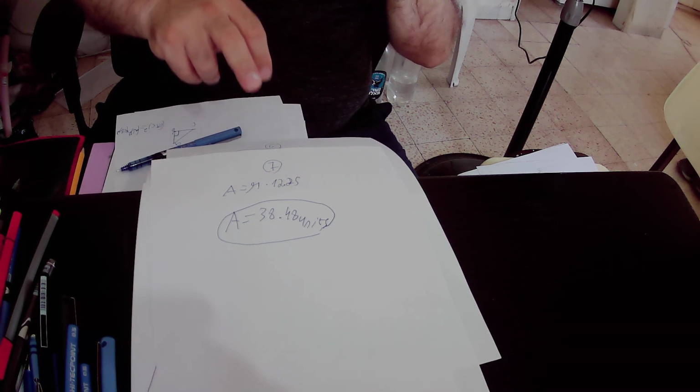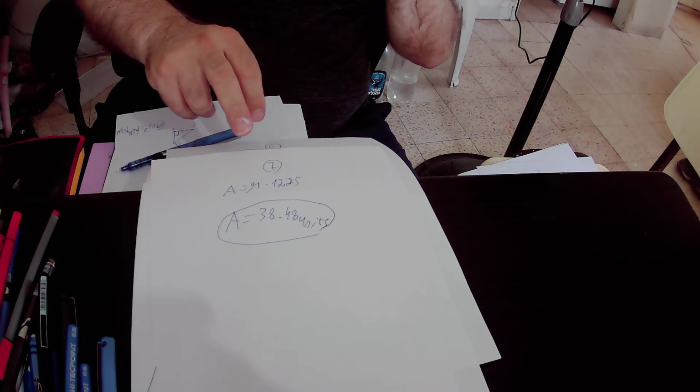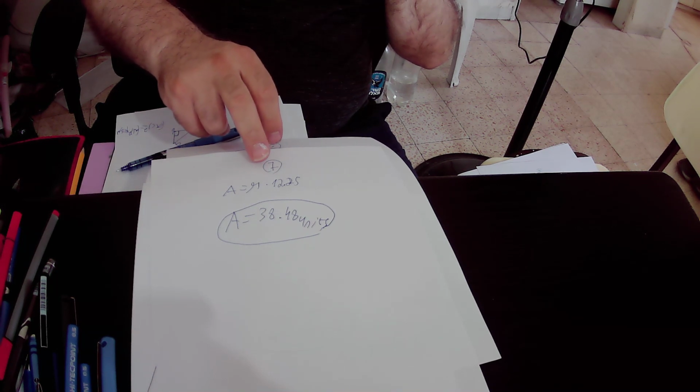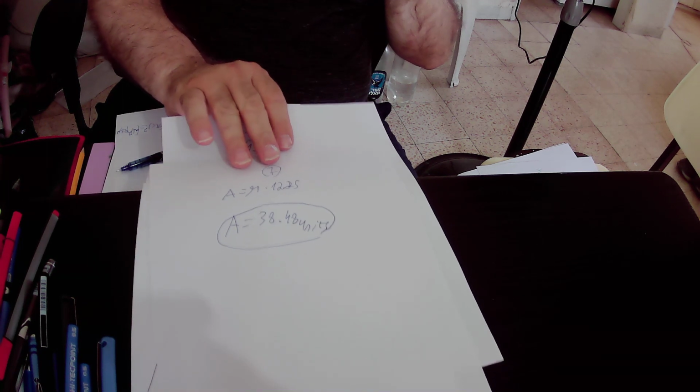So the area of the yellow small circle equals 38.48 units. Okay, thank you very much.